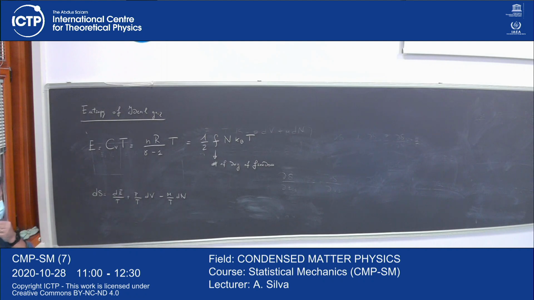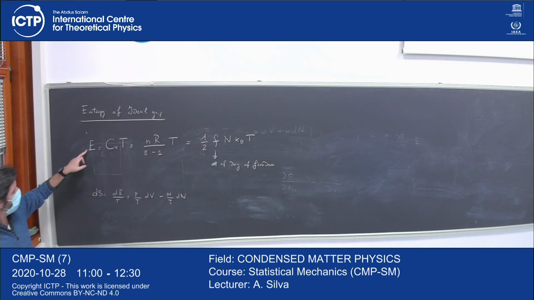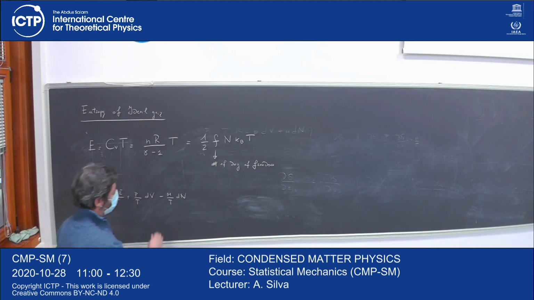Now, since I know what E is, I can use this formula, essentially the equipartition theorem, to replace the internal energy here as a function of number of particles and temperature. This is true only for ideal gases, or more in general for quadratic systems, but at the moment we use the version for the ideal gas.